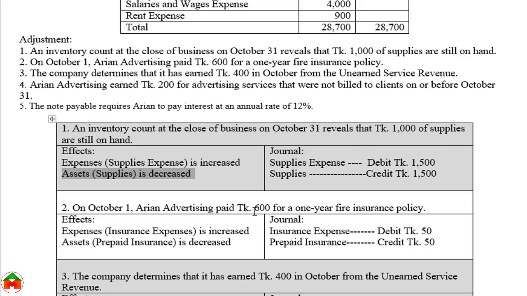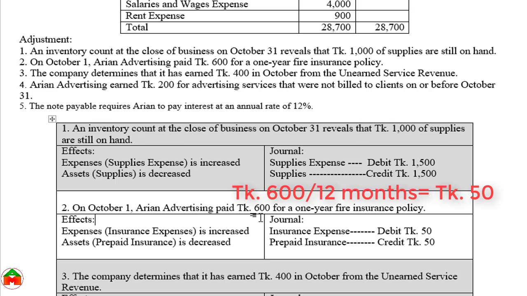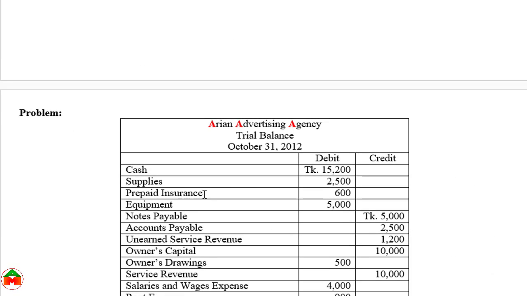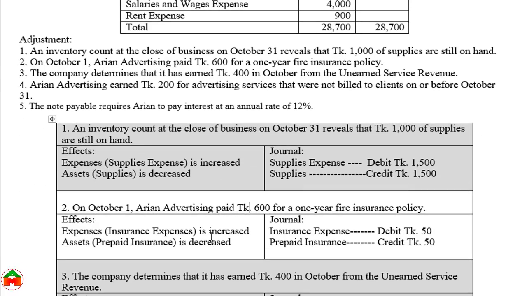So this prepaid insurance became expense. What is the amount for 1 month? This is the 1 year insurance policy of 600, so if we calculate the 1 month insurance expense, it will be 50. This prepaid insurance is an asset, and this asset became expense.